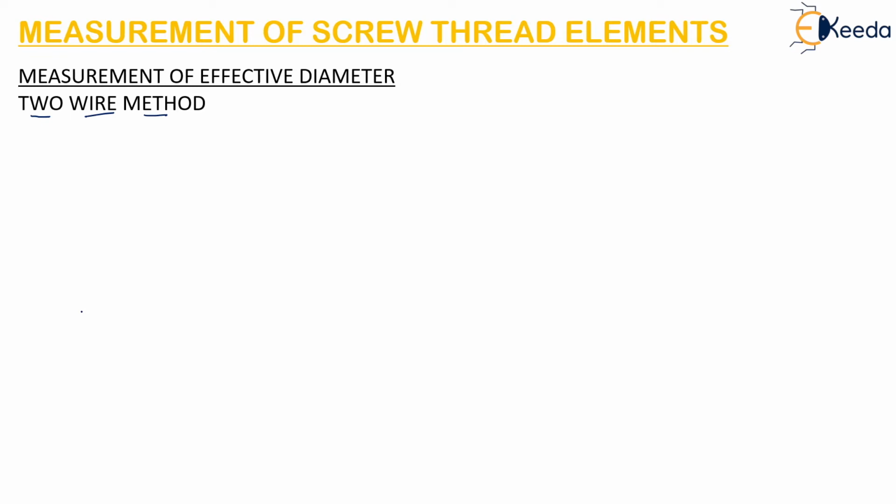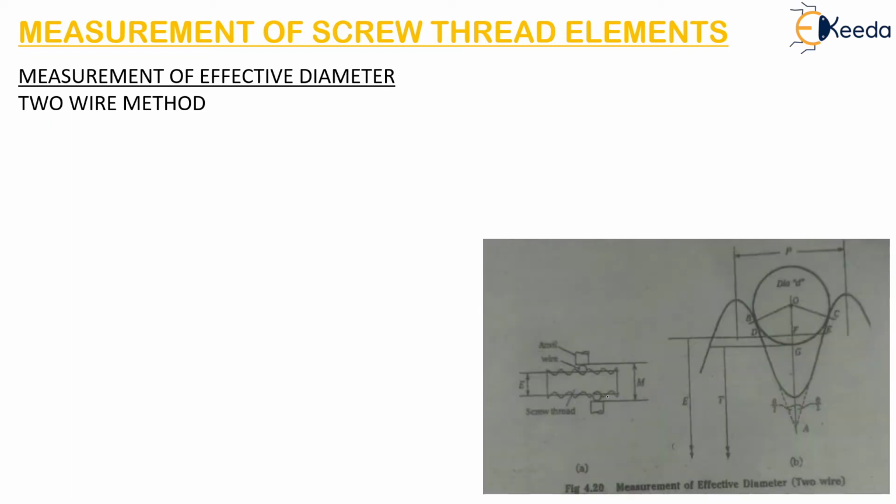The readings are first taken over a standard cylinder with two wires in position between the cylinder and the micrometer anvils. Here there is a figure showing the screw thread, with two wires in the form of circles and two micrometer anvils.